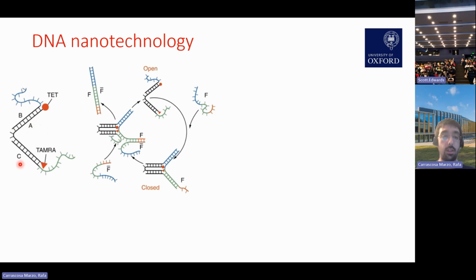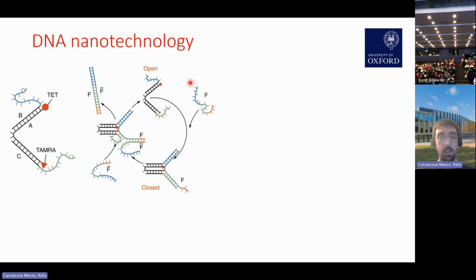And the idea is that you have something that is open, and through the introduction of the right DNA strand with the right sequence, you can close it with this very precise motion that is easily reproducible and easily reversed.